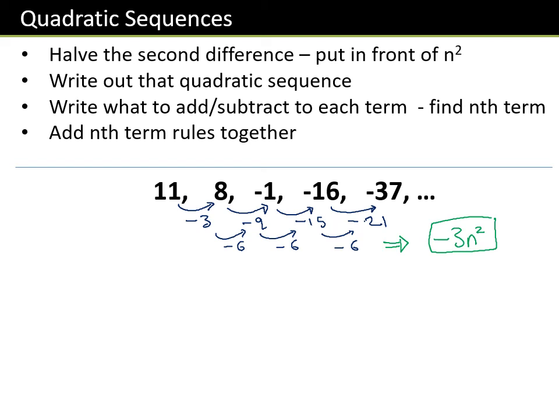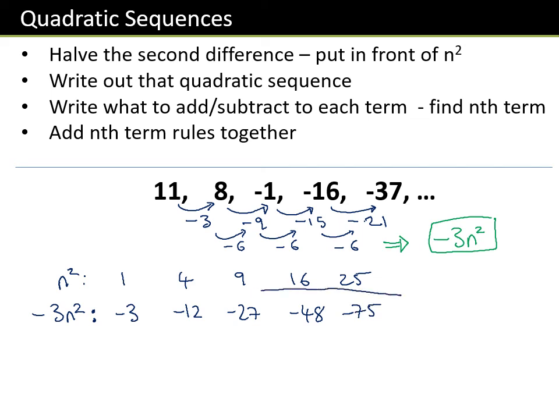So here we go. So start with my n squared. 1, 4, 9, 16, 25. From there, I want minus 3n squared. So just multiply each of those numbers by negative 3. So I'm going to get minus 3, minus 12, minus 27, minus 48, and minus 75.